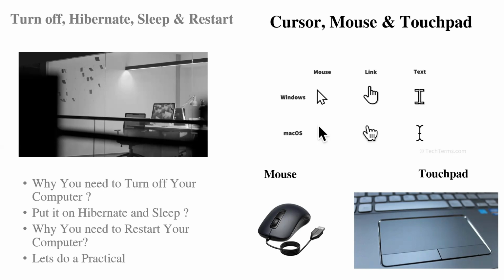That means it's a link that you are about to click. Also, when you are about to click on a text, this is how the cursor turns. On Mac OS, it will turn to this. On Windows, it will turn to this. These are the different things the cursor does.